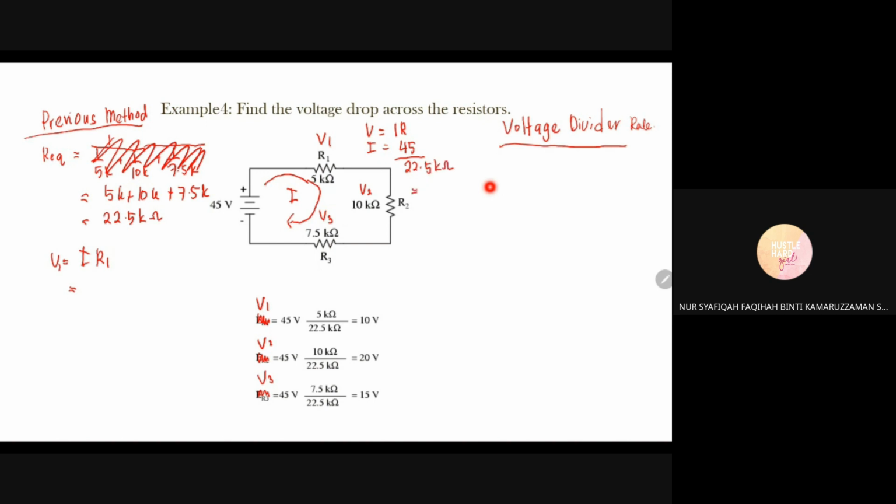What is the value of I? 2 milliampere. I is 2 milliampere. Correct? Okay, I is 2 milliampere times 5 kilo ohm. So how much is V1? 10 volt.